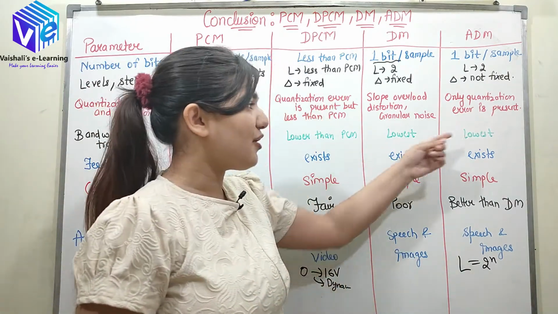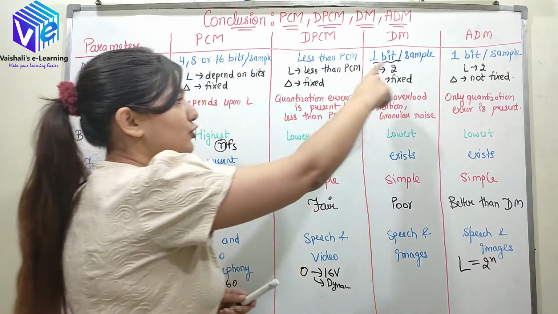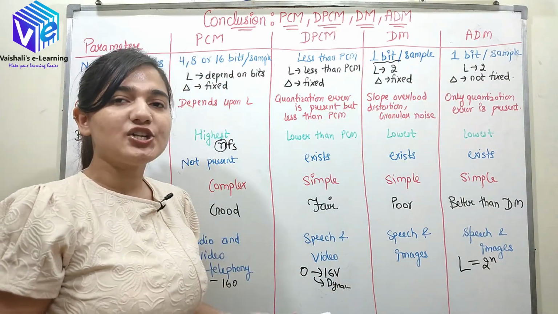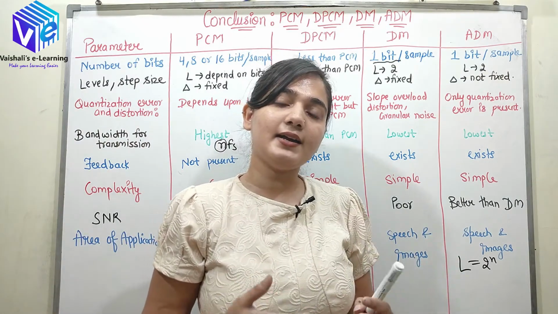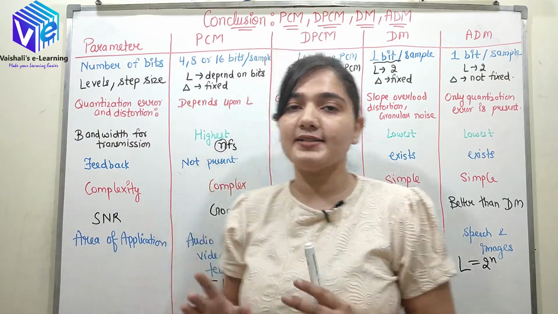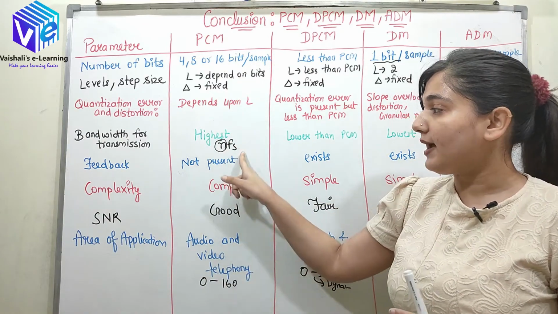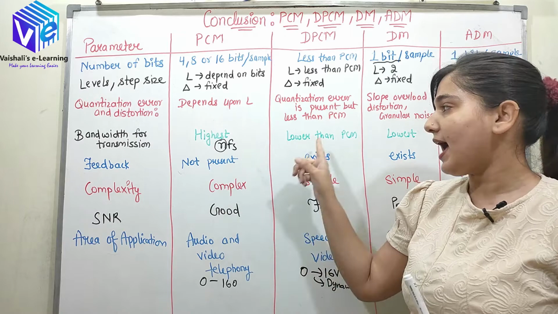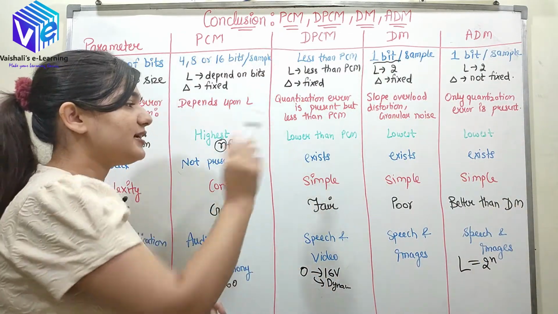And here the number of bits were 1, so it would be lowest. So in both delta modulation as well as adaptive delta modulation, we require the least bandwidth, whereas if I talk about the pulse code modulation, there I require the highest bandwidth. And in the case of differential pulse code modulation, the bandwidth is intermediate.